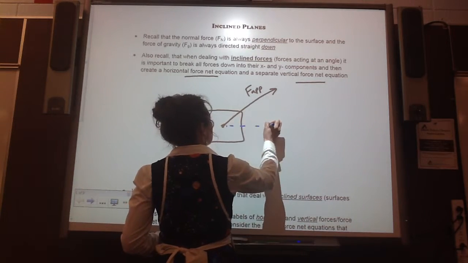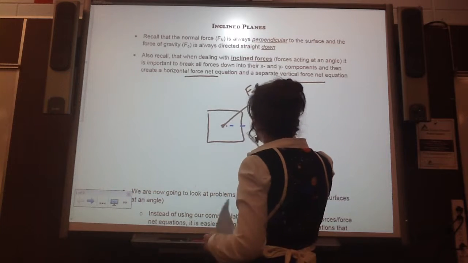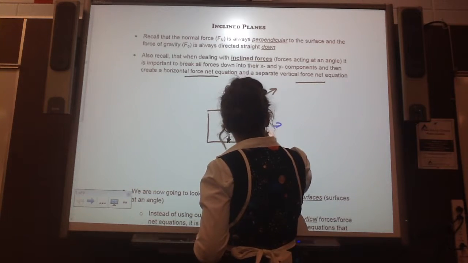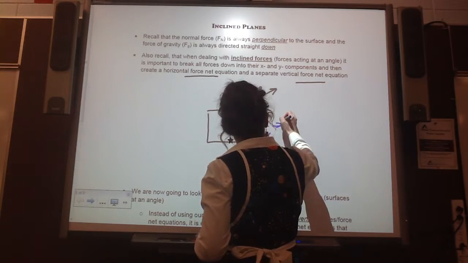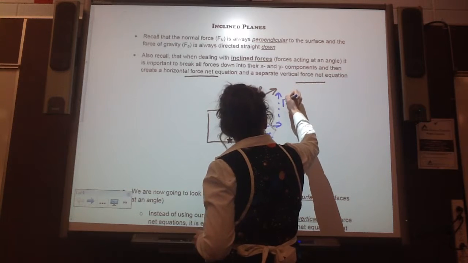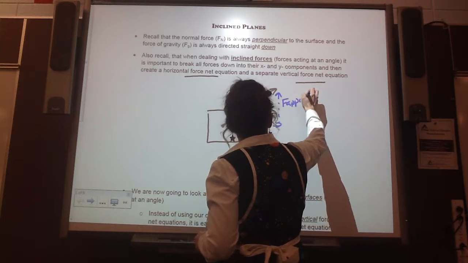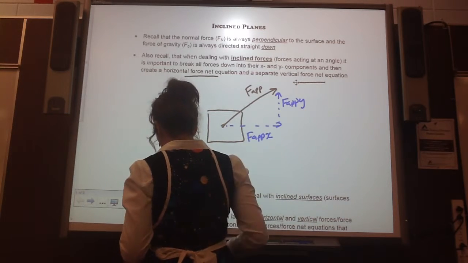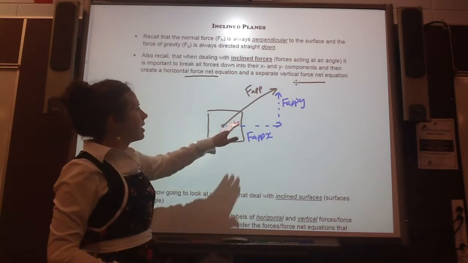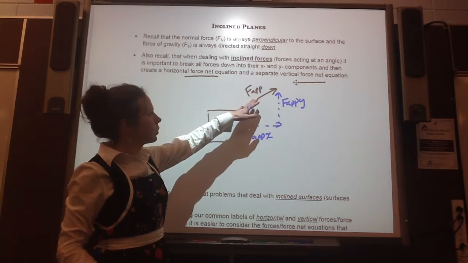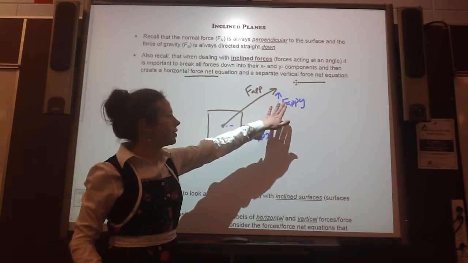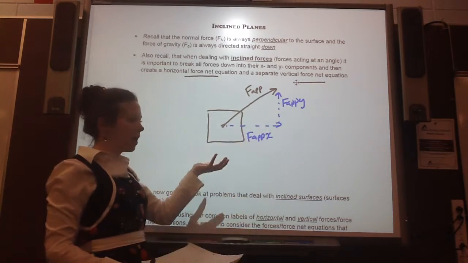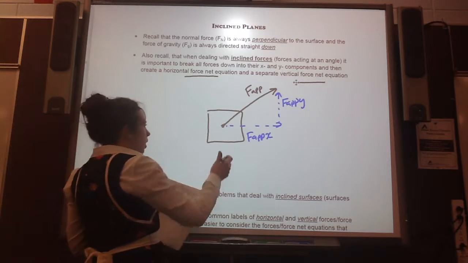So going to the right here would be Fx, and here is Fy. If this is tension, which normally it is with these, this would be Ft, Fty, and Ftx. Or F is fine too.